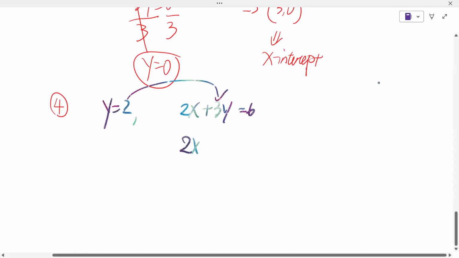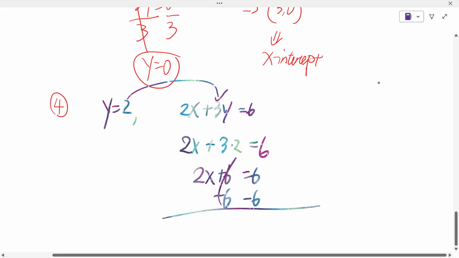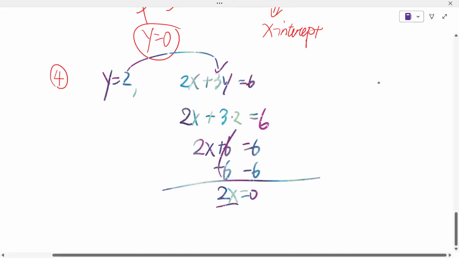You get 2x plus 3 times 2 equals 6. So it's 2x plus 6 equals 6. And subtract 6 from both sides of the equation. And 2x equals 0. I'll divide both sides of the equation by 2. X equals 0. Now this ordered pair is 0, 2, right? X equal to 0, y equal to 2. And this is what we call the y-intercept. Because x equals 0.